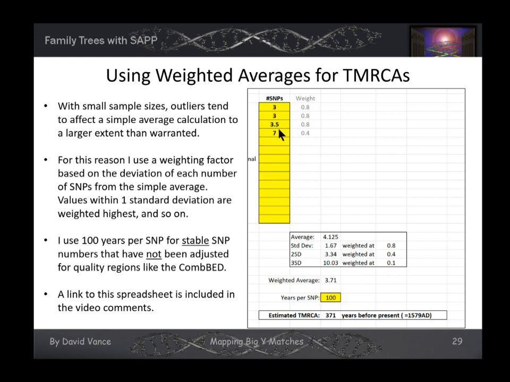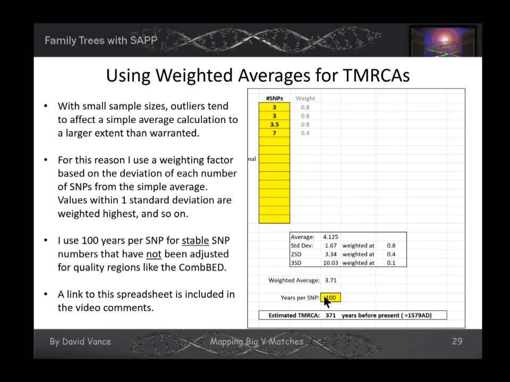And that just tends to narrow the estimate down to somewhere closer to the average and has the effect of downplaying the outliers. I don't want to discard them entirely because I don't know that they are in fact outliers. They may just be at the ends of my distribution curve, and they may still be valid estimates. So I don't discard them entirely. I just downplay their influence for these small sample sizes.